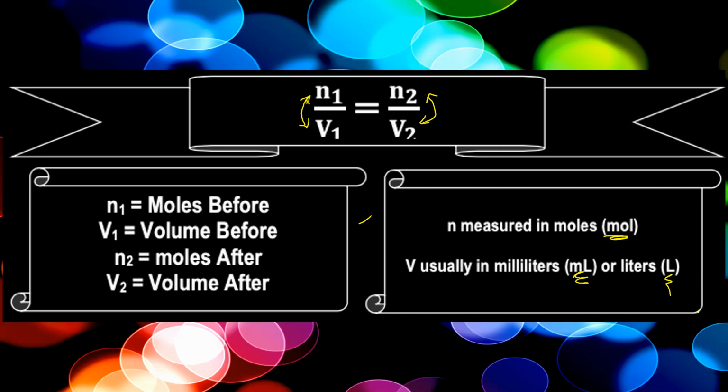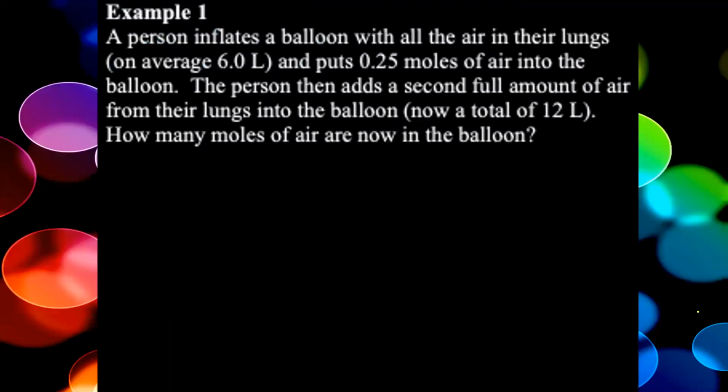Or if you start with liters, you end with liters. Whichever label it is, it should be identical. I'm not going to mix them up in the practice or on the test, but I just want you to be aware of that. You would want to be careful if you're not working on an assignment for my class that liters matches liters or milliliters matches milliliters.